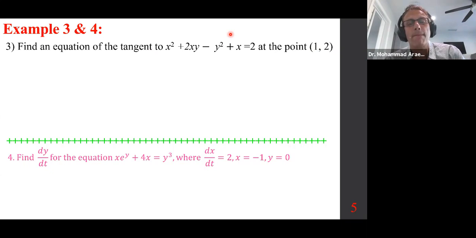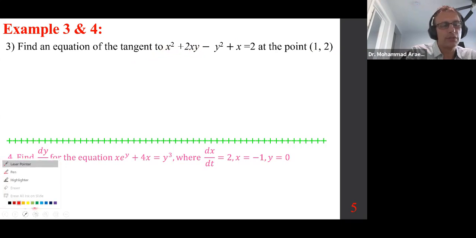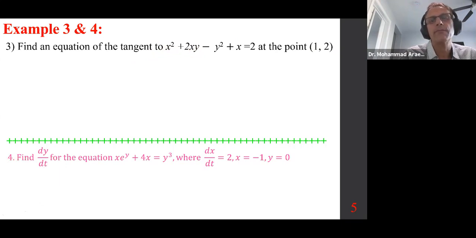All right. x squared gives 2x, plus 2xy. Again, let me put a raised dot in between, which means we are multiplying 2x by y.